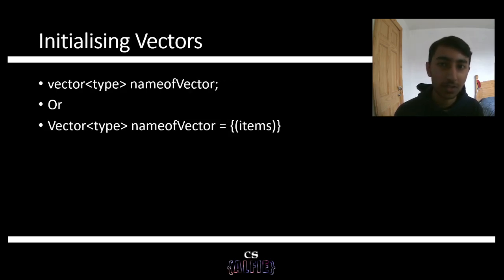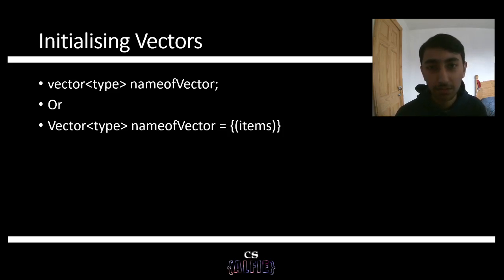So how can we initialize vectors? If we are not giving any data in the initialization, we can do the first type, which is we write vector, type, and name of vector. But this is the way if we write using namespace std, because vectors are part of the standard namespace.